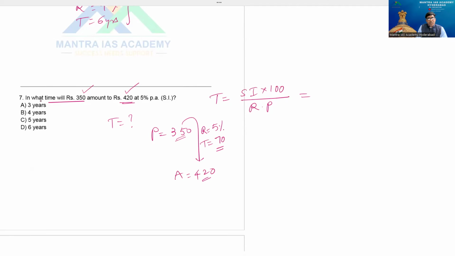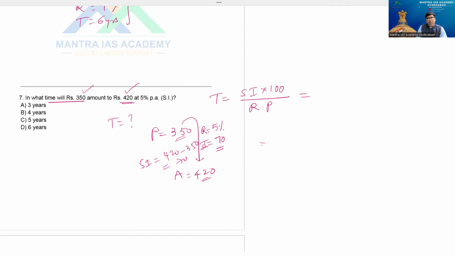That gap is called the interest. SI is directly 420 minus 350, which is 70 rupees.